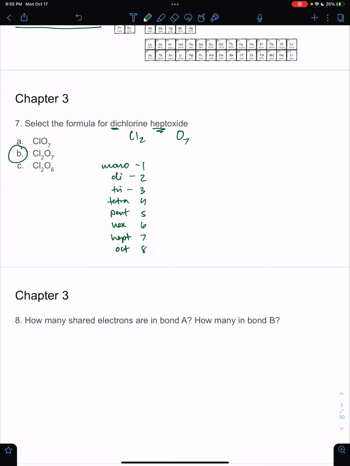We have mono, which is 1, di is 2, tri is 3, tetra is 4, pent is 5, hex is 6, hept is 7, and oct is 8. So another thing you just have to remember, but I don't think she'll go probably any farther than 5 or 6 probably. Yeah.